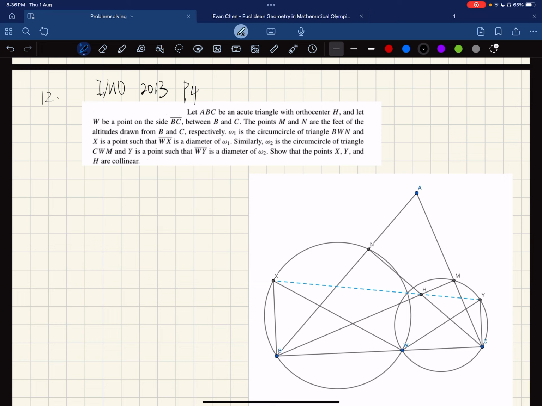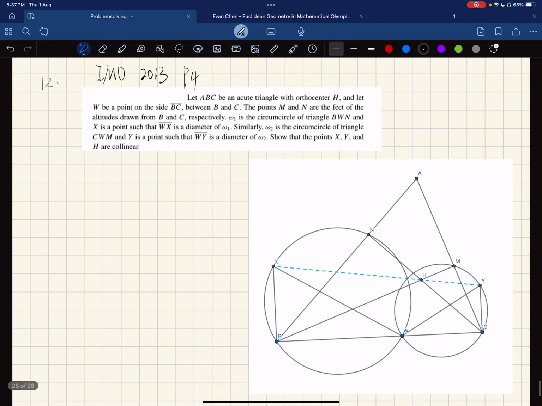Let ABC be an acute triangle with orthocenter H, and let W be a point on the side BC between B and C. Points M and N are the feet of the altitudes drawn from B and C, respectively. Omega 1 is the circumcircle of triangle BWN, and it is this one. And this is omega 2.